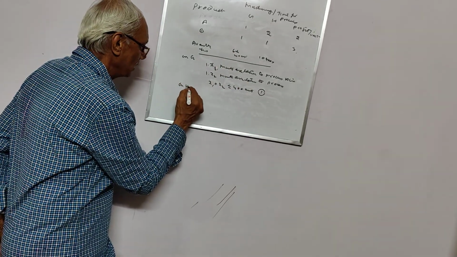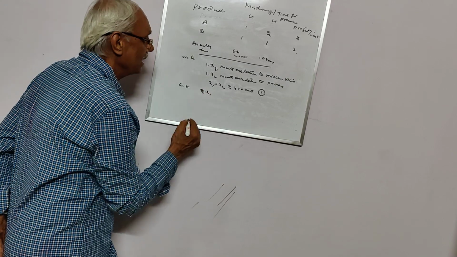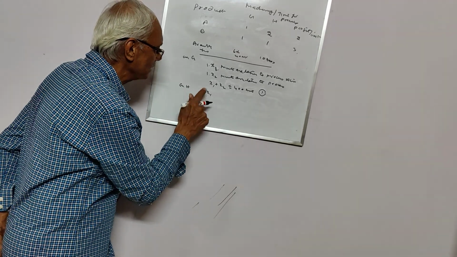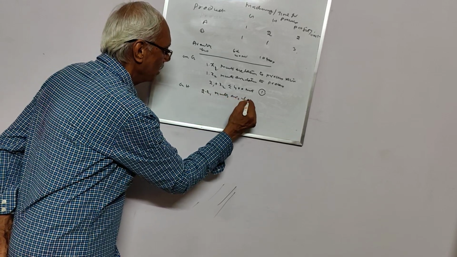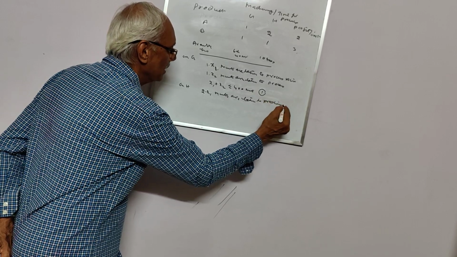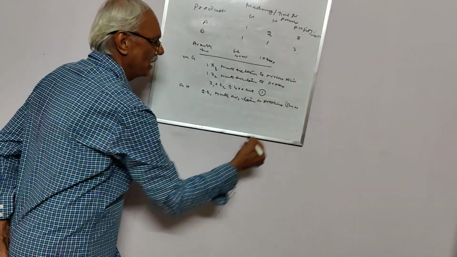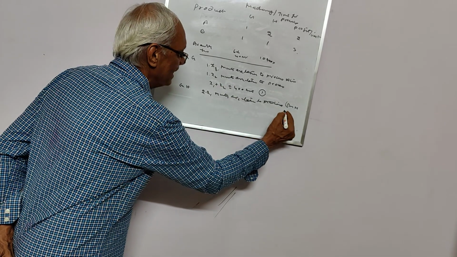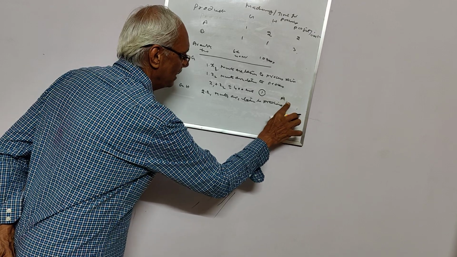Likewise on H, it takes 2 minutes to process 1 unit. So how much time does it take? 2 into x1 minutes are taken to process A on H. I will write it here also.